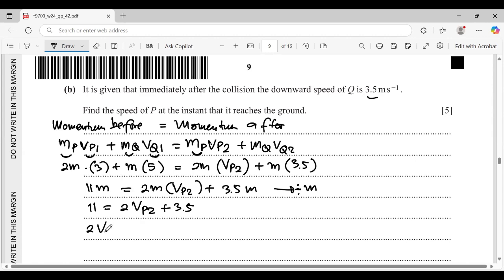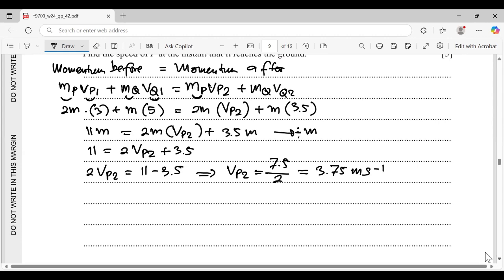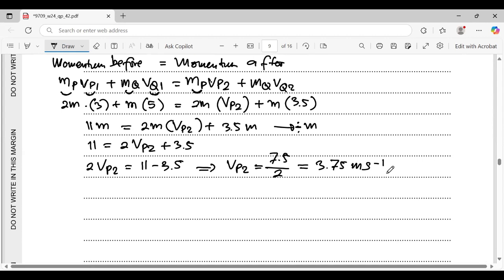And then 2 vP2 equals 11 minus 3.5. So vP2 equals 7.5 divided by 2. It is 3.75 meters per second. So the velocity of particle P after collision is 3.75.